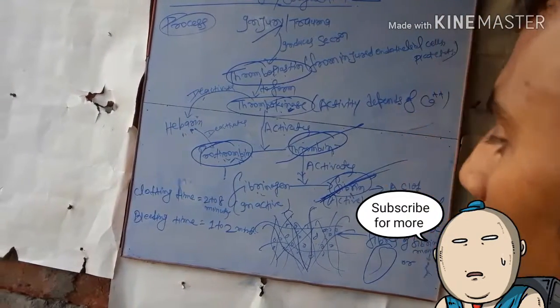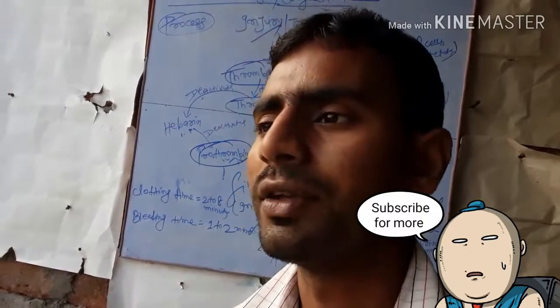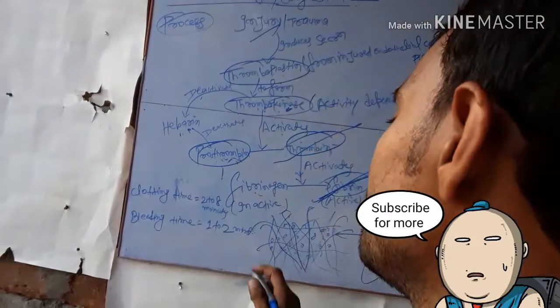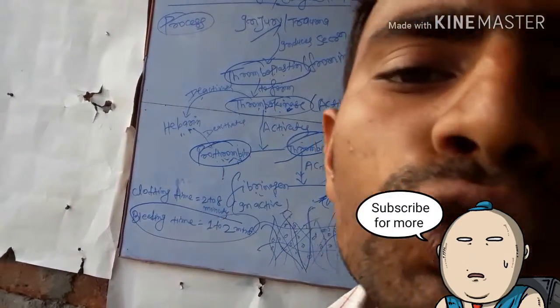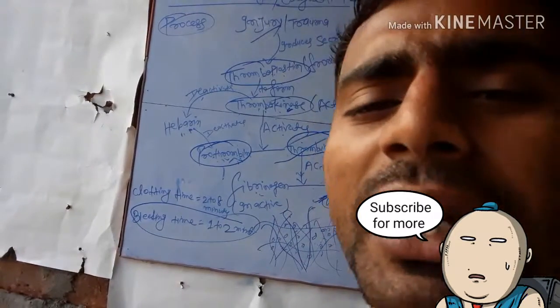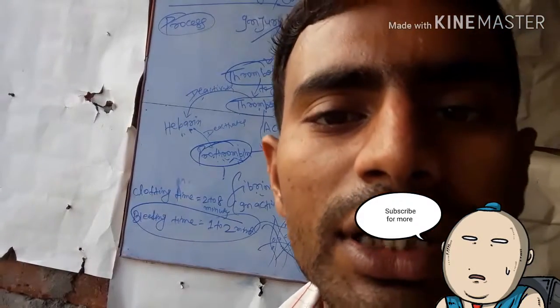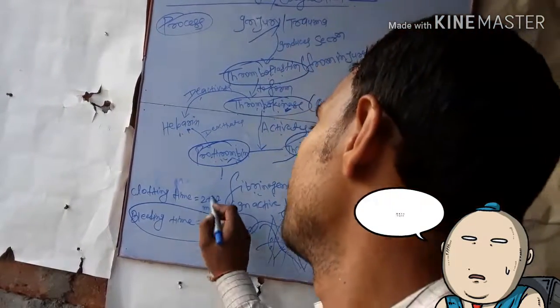If we take bleeding time, bleeding time is 1 to 2 minutes, and clotting time is 2 to 8 minutes.